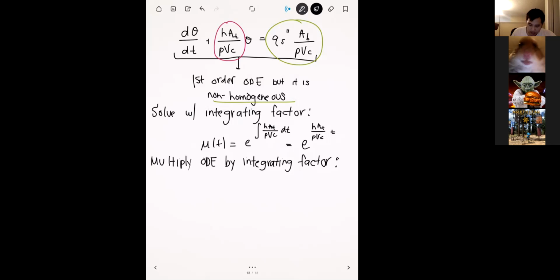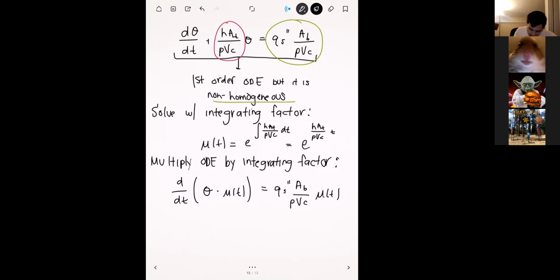So we have d dt of theta times mu of t. That's what the left-hand side simplifies to. On the right-hand side, we have what was there before, so we have q_s double prime A_B divided by rho V c, times mu of t.